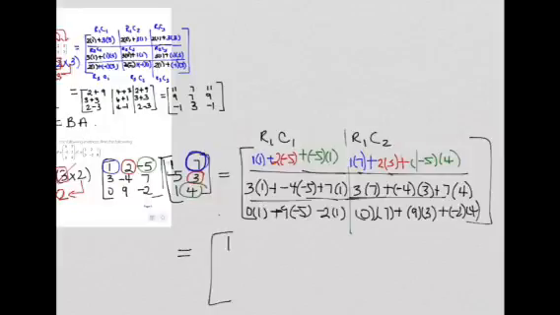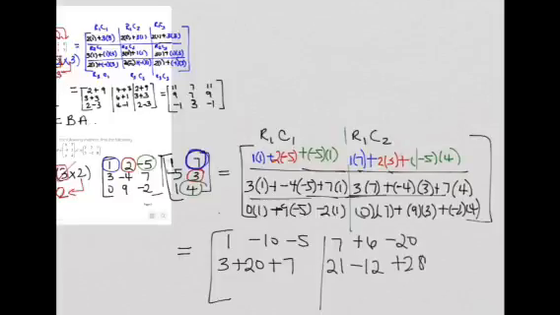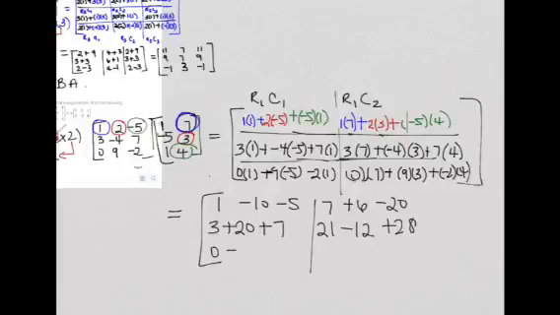You end up with 1 minus 10 minus 5. 7 plus 6 minus 20. 3 plus 20 plus 7. 21 minus 12 plus 28. 0 minus 45 minus 2. 0 plus 27 minus 8.